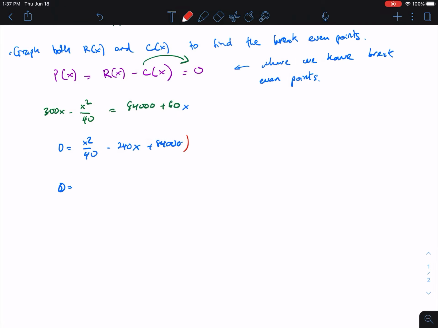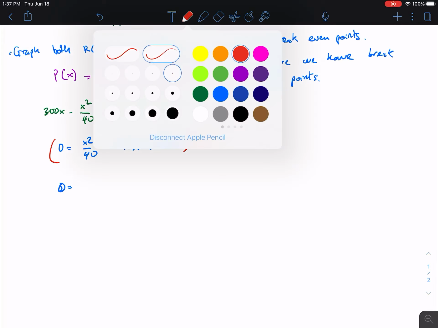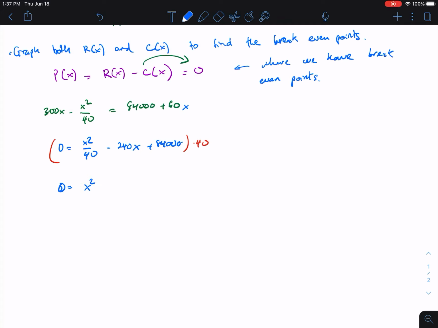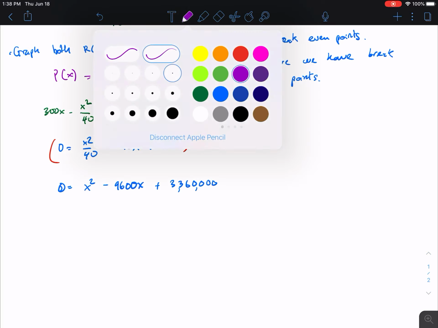So times by 40. Right, so that will give us x squared minus 40 times 240, which is 9600x, and then 84,000 times 40 will give us 3,360,000. Okay. So from here in algebra class, to solve for x, this is a quadratic equation.